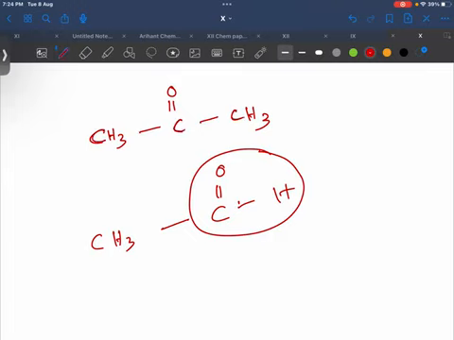Yeah, but both also have hydrogen. Where? Garvit, the carbon should be directly connected to hydrogen, so both are connected to carbon. Here, one carbon is connected to carbon, but one is connected to hydrogen. So whenever you have a CHO group, it will always be in the end or in the beginning.